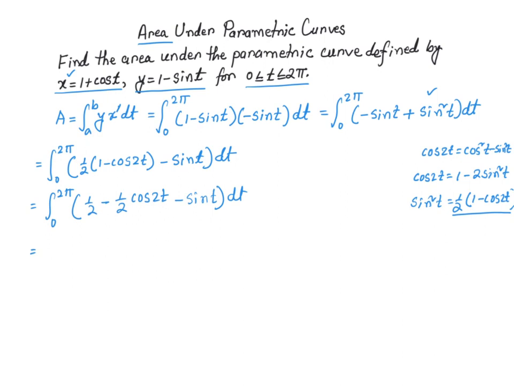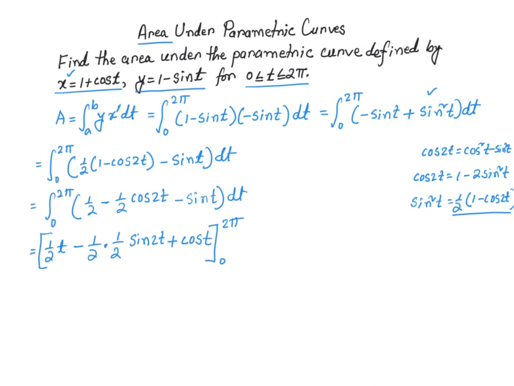Now if I integrate it, I'm going to get 1/2 t minus 1/2 times 1/2 sine of 2t, minus the integral of sine of t, which is negative cosine of t. Negative and negative is going to make it positive, so this is going to be cosine of t, all of it evaluated from 0 to 2 pi.